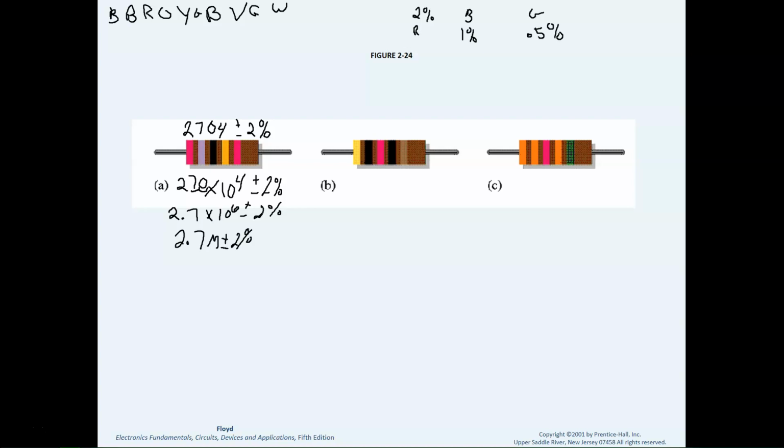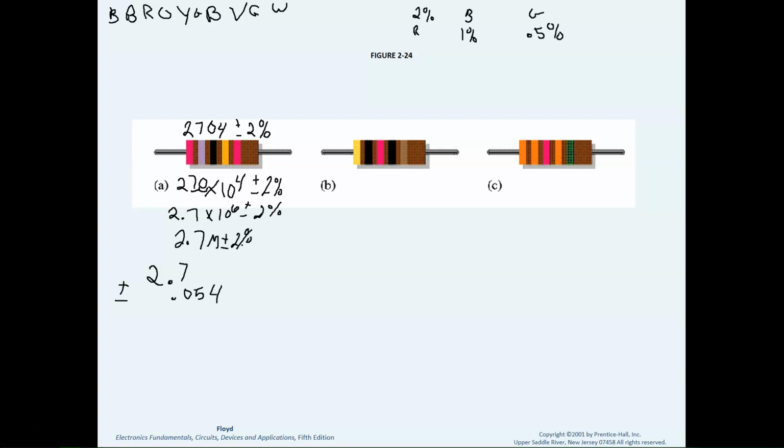So 2% of your number here, if you just leave it as 2.7 and just remember bringing down your mega in a minute, you're going to add and subtract 0.054.